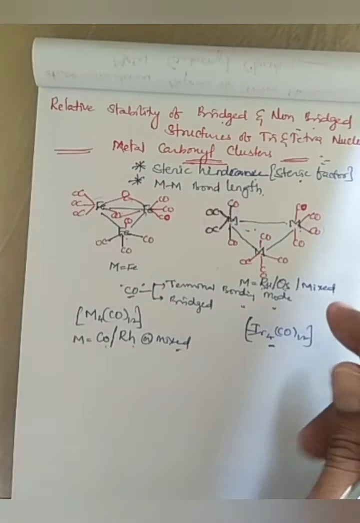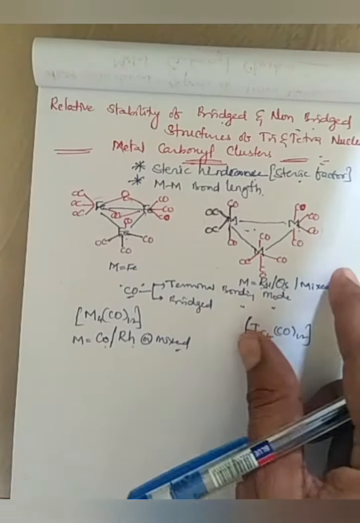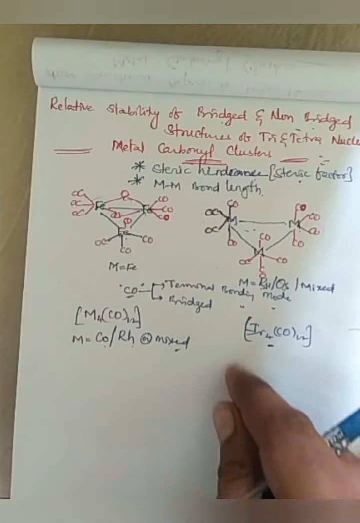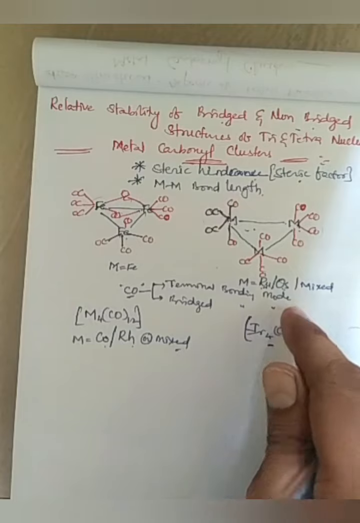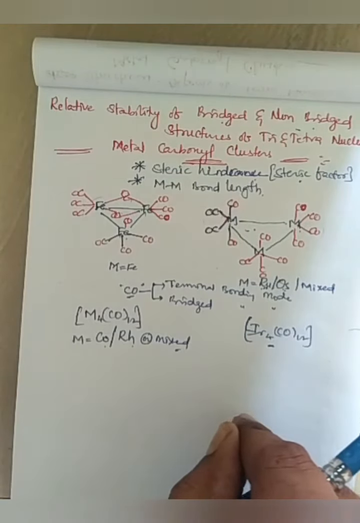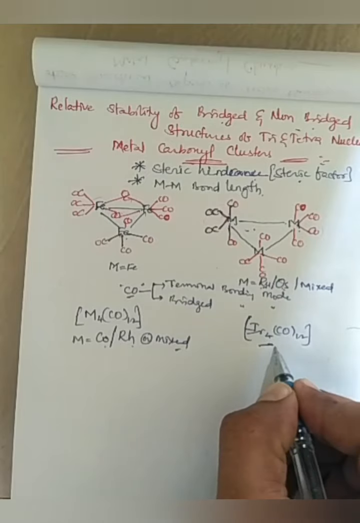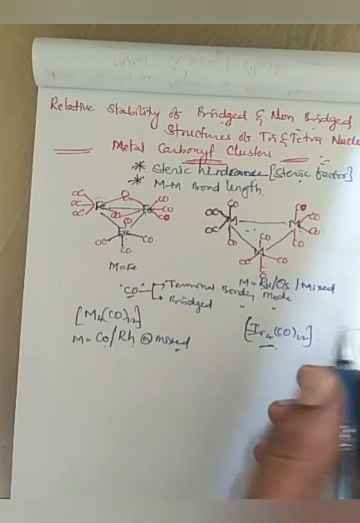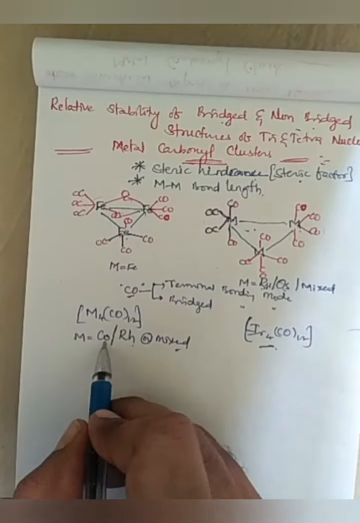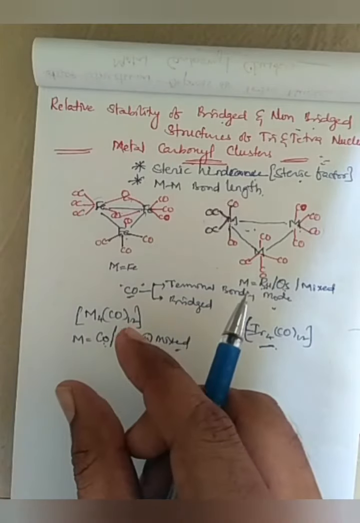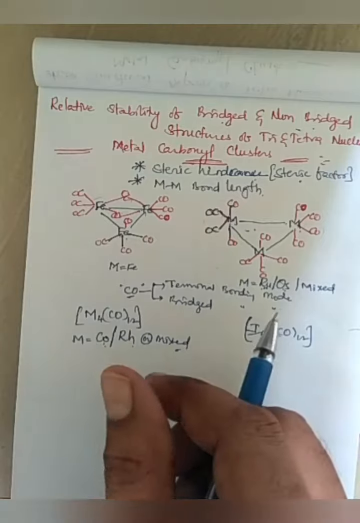When the metal atoms go away from one another, the carbonyl ligand cannot reach from one metal to the other, so it is restricted to only one metal. Here all the carbonyls are in terminal bonding mode, with no bridging sites. Rhodium or cobalt metal ions are much smaller when compared to iridium.